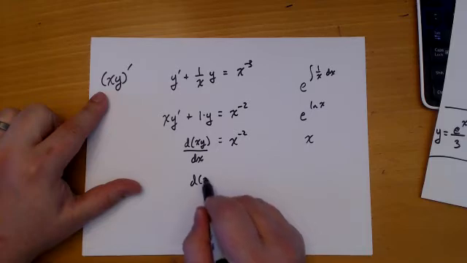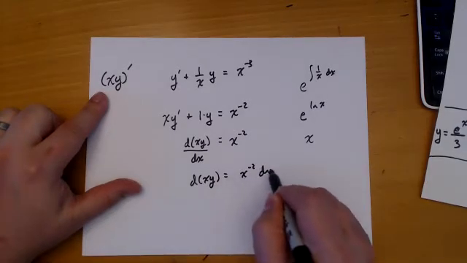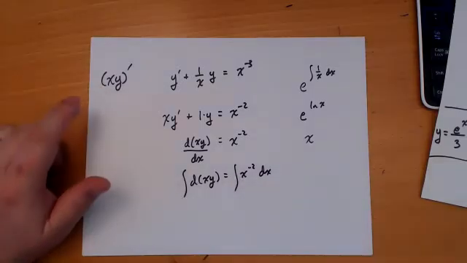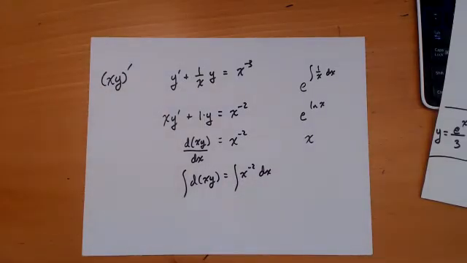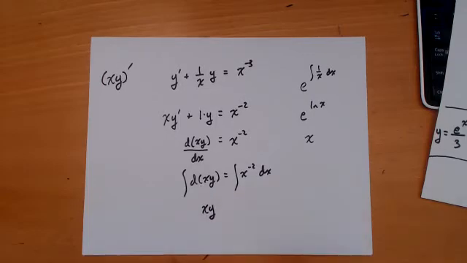And now I've got d of xy equaling x to the negative 2 dx integral. And now I think this whole left-hand side, because we had a conversation about it, just boils down to that, and that's all.